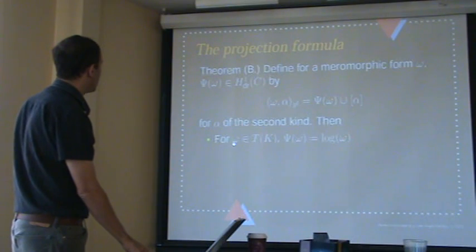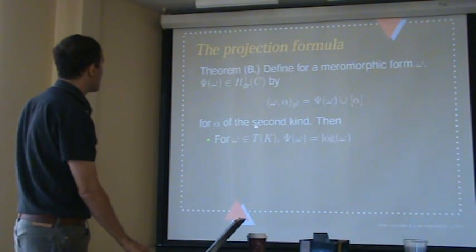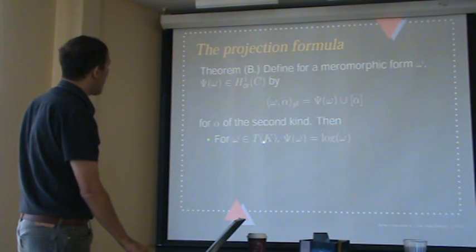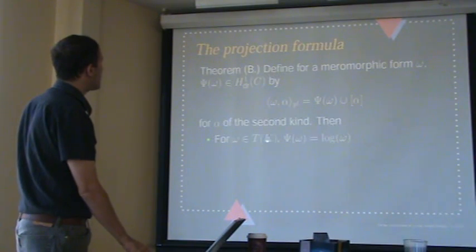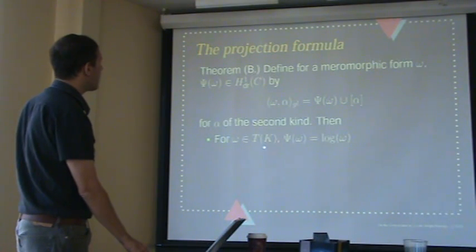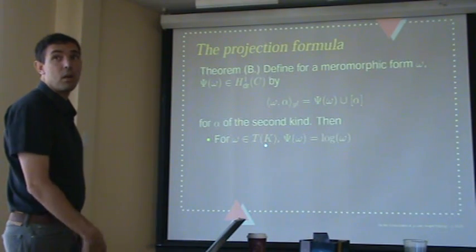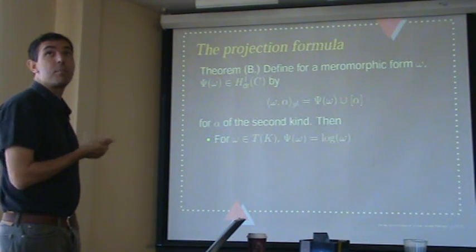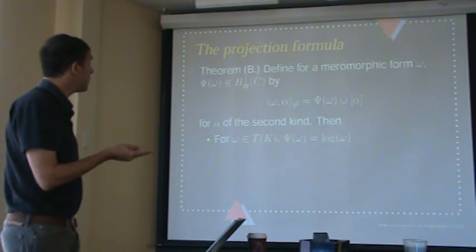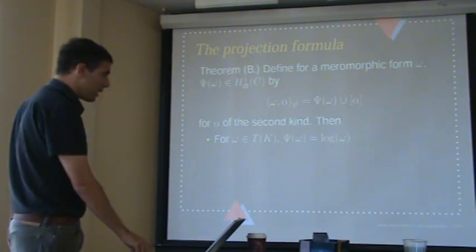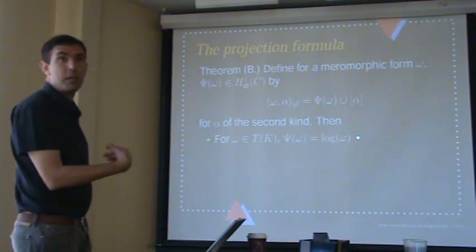Now there are two things that one observes here. First, it so happens that this psi extends the logarithm. If I took a form that only had simple poles with integral residues, this psi is going to be the same as the log that we had before.